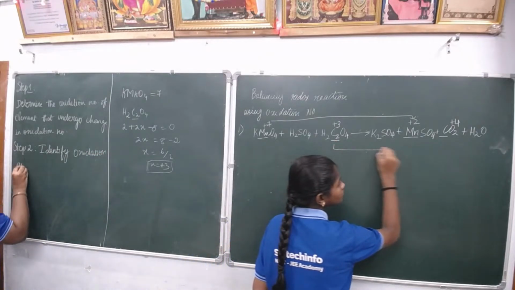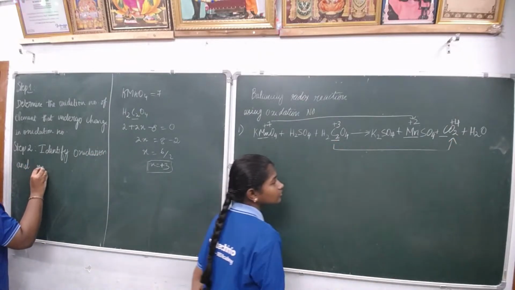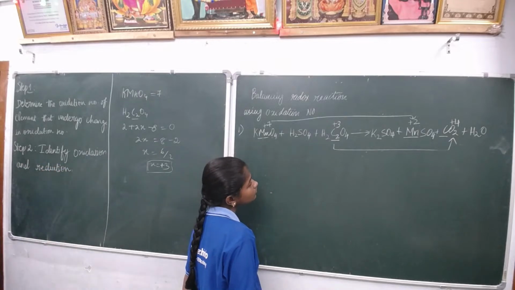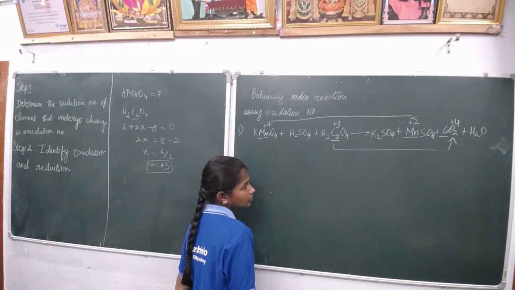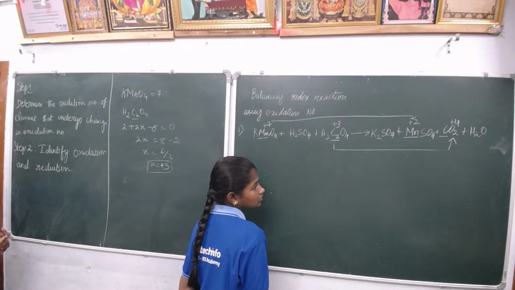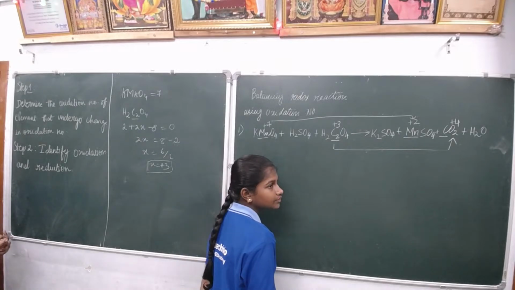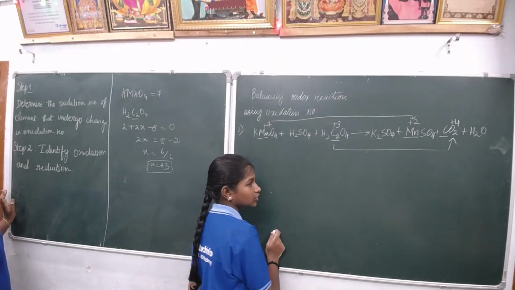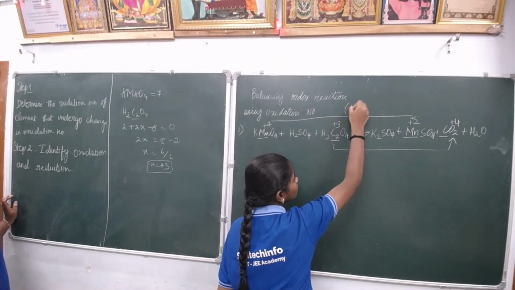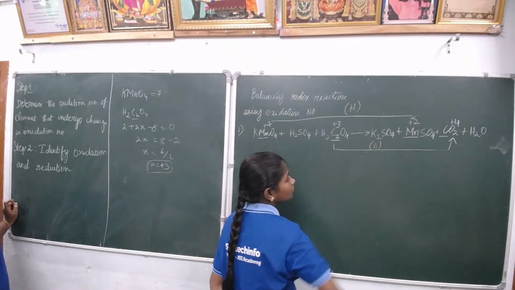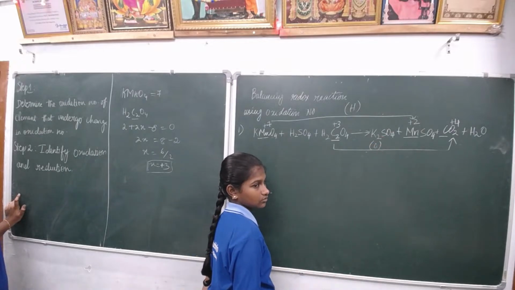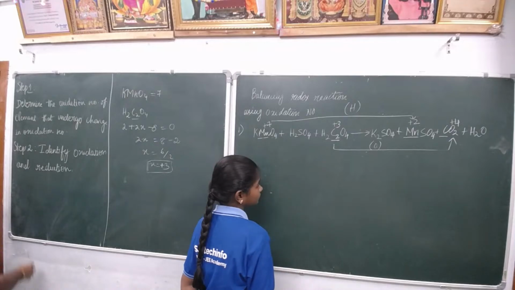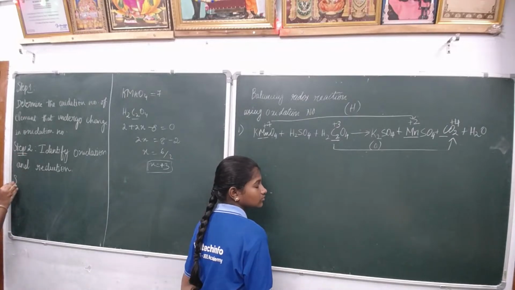Because I already mentioned when I defined oxidation and reduction, increase of oxidation number is oxidation. Decrease of oxidation number is reduction. So we have determined that. That is step number 2, right? Then we'll go to step number 3. Identify the number of electrons transferred.